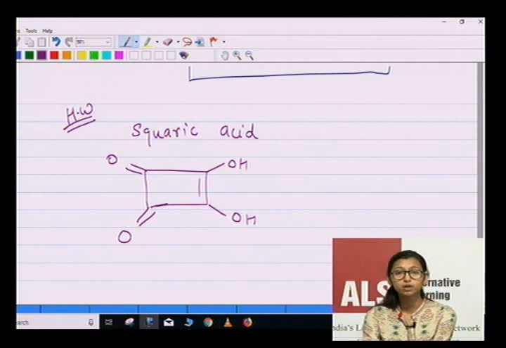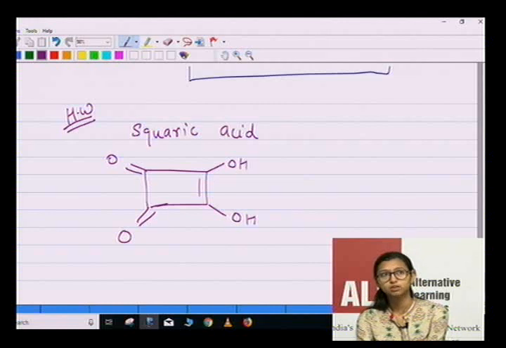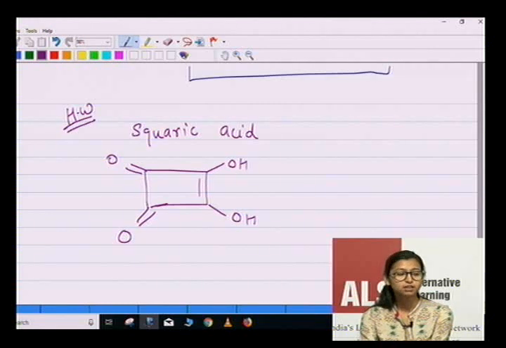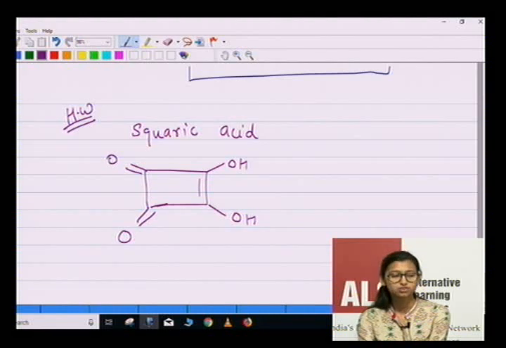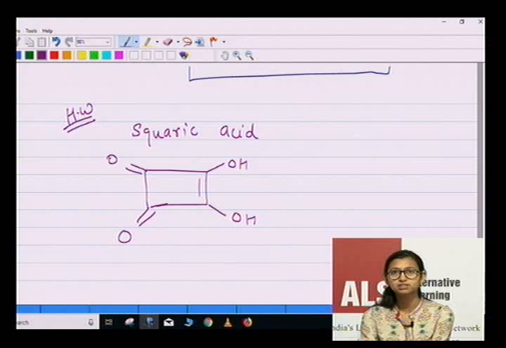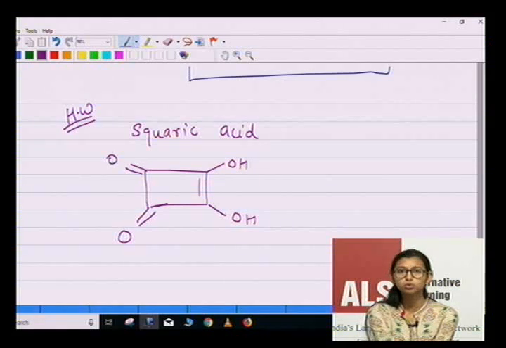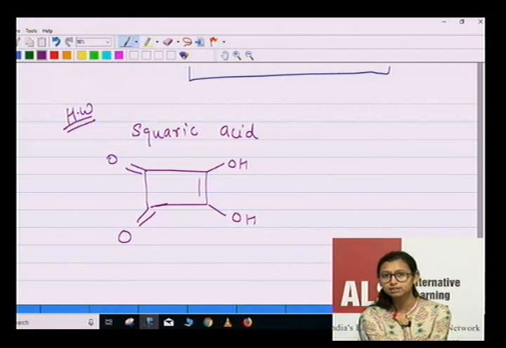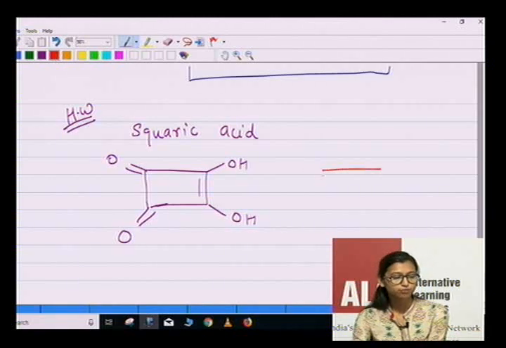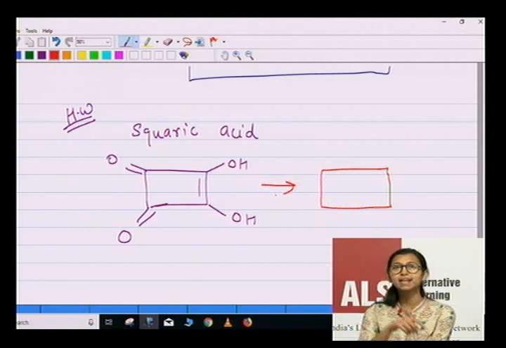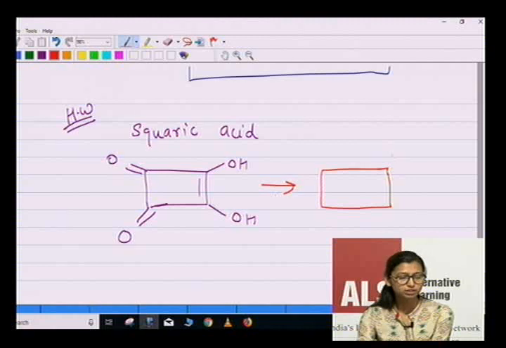It is more acidic than formic acid even, okay? So the question is how many resonating structures will be formed from the anion of squaric acid, or why this is more acidic as compared to formic acid. I just want you to know that there is something like this in the universe, and it does have acidic strength more than formic acid, okay? If I write the anion of that particular acid, how will it look like?